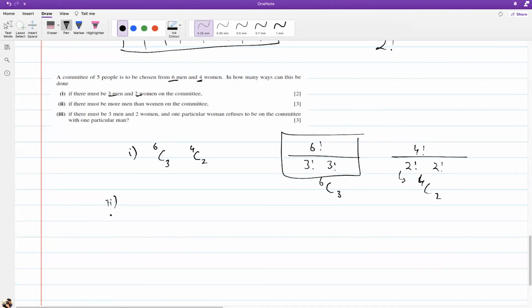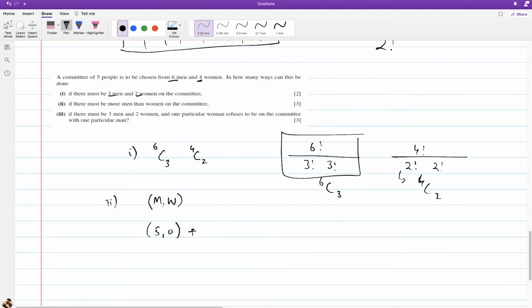Right. So next, how do you make a selection if there must be more men than women? Now you have multiple options. Instead of saying 5 men, 4 women, I'm going to say men and women, and write it like this. So one option is that I can pick 5 men and no women. A little unfair, but that's one option here.